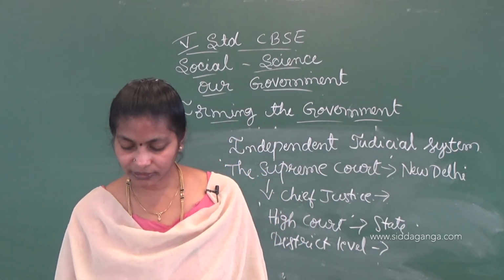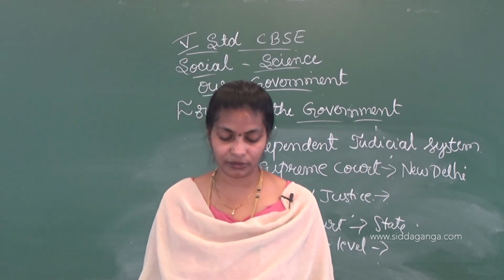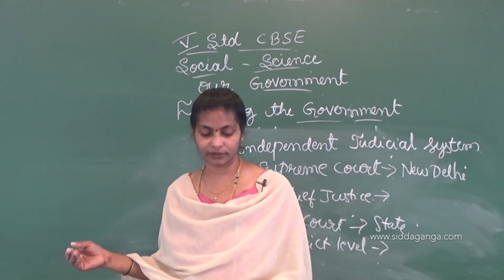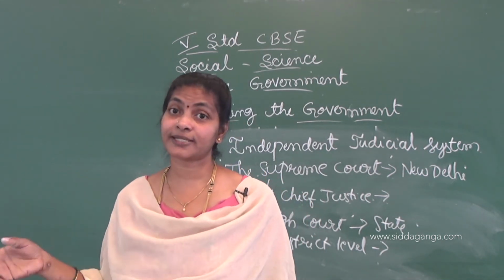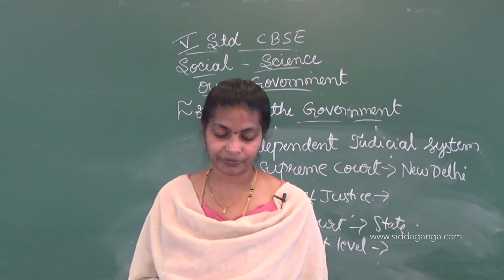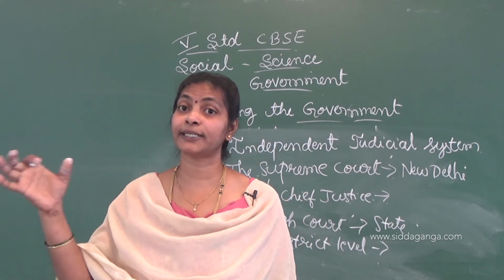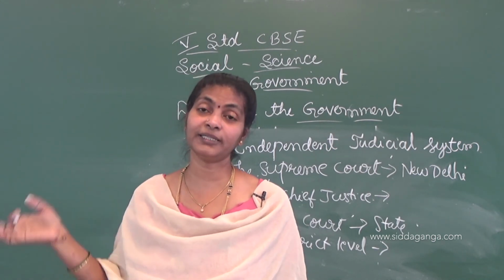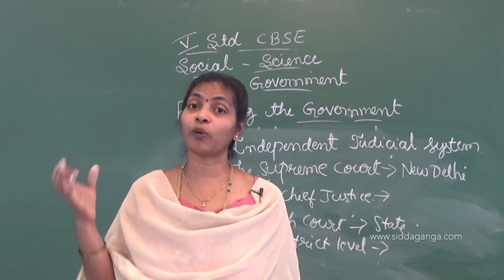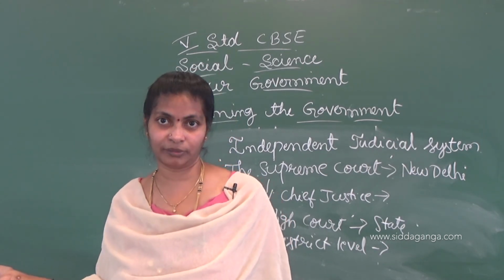Looking after law and order within the state is the authority of the state government. The central government helps the state governments when they want help.